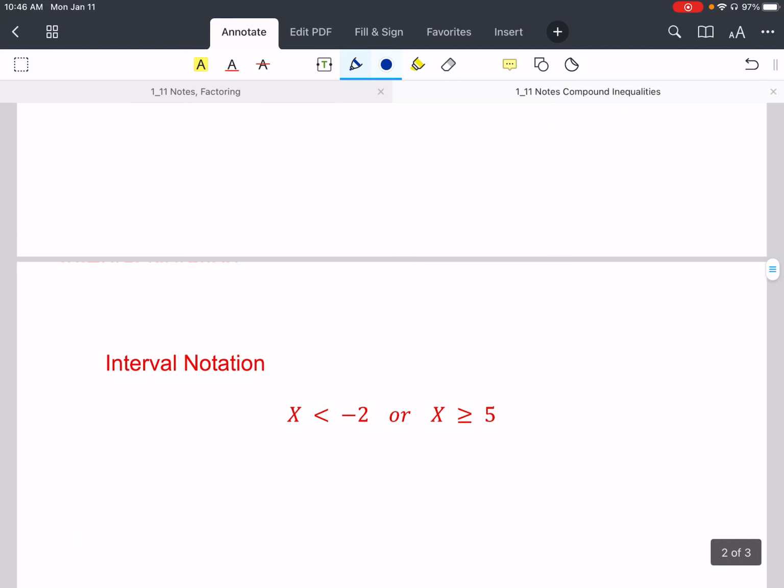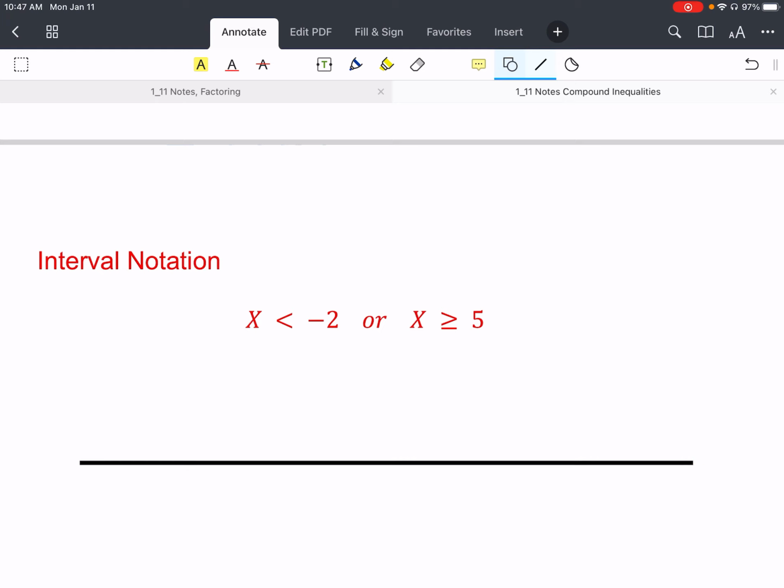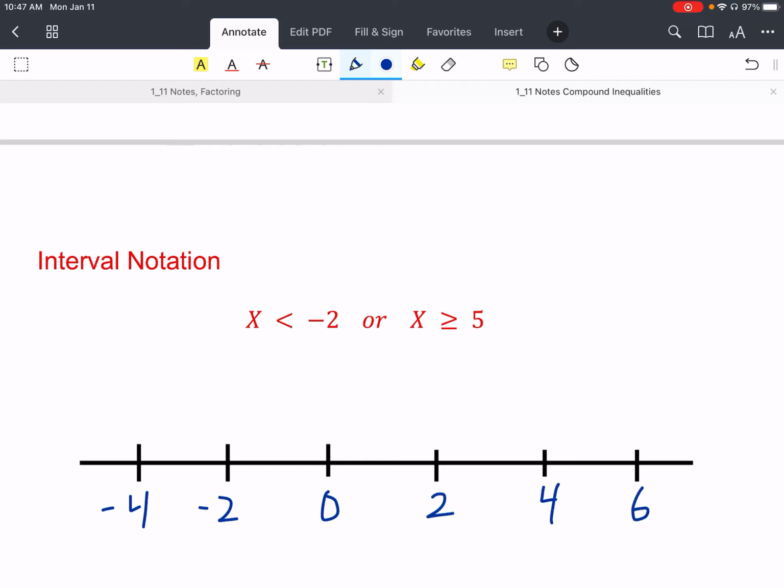Okay, we are going to practice our interval notation. We're going to add a slight complication. So if we have our number line, I think most of your number lines I advise counting by 2s now just to make your life easier. So we have our number line. We're going to go -4, -2, 0, 2, 4, and 6.